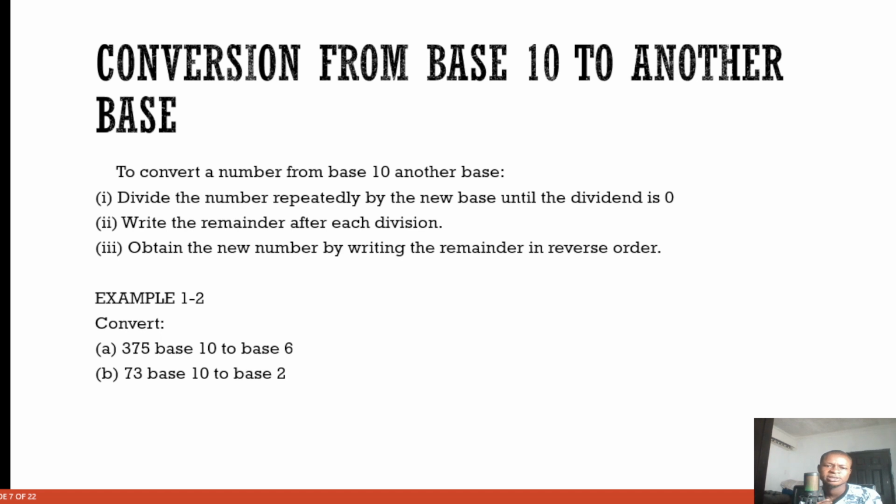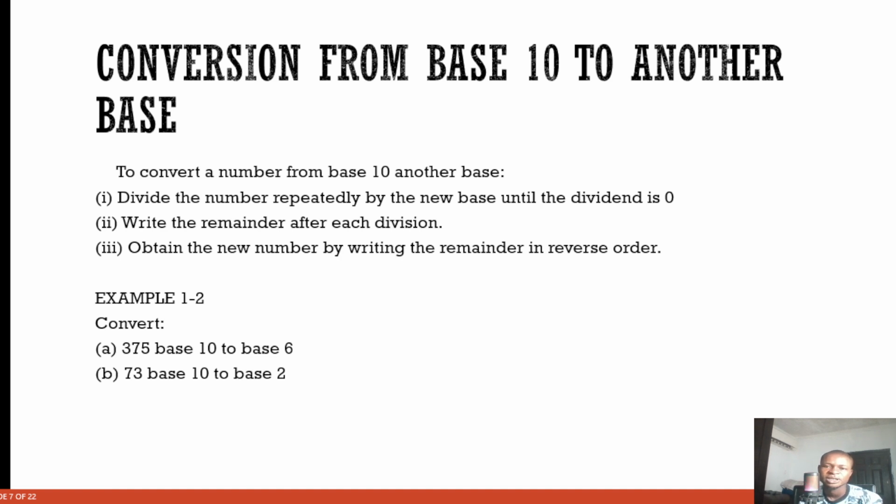Here we write the remainder after each division. We obtain the new number by writing the remainders in reverse order. Now we are going to convert the first one, 375 base 10 to base 6.